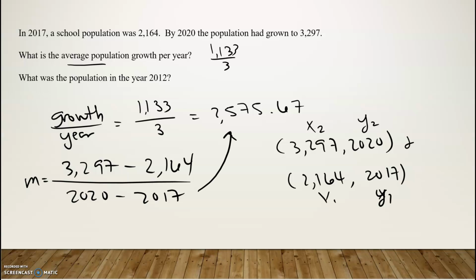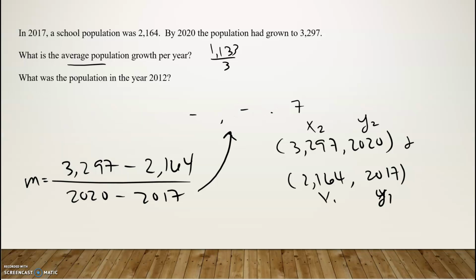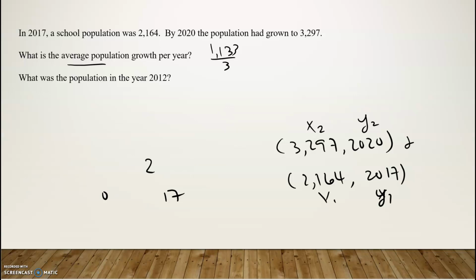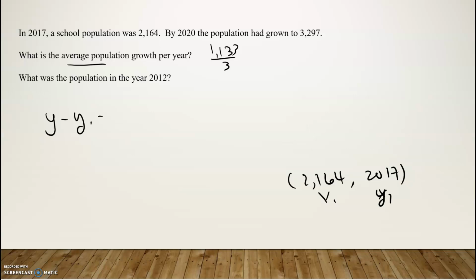So then it asks us, what is the population in 2012? So what we need to do is we need to use or find a formula. So we need to use point slope to get an equation, and then we can plug in 2012 for our x value. So I've got my x sub 1, my y sub 1.